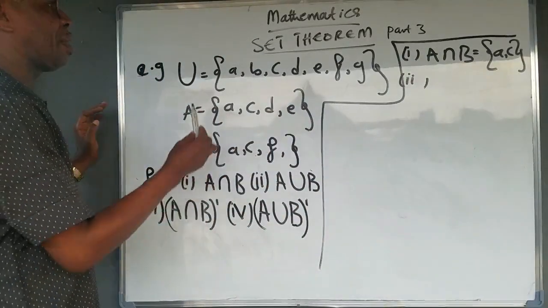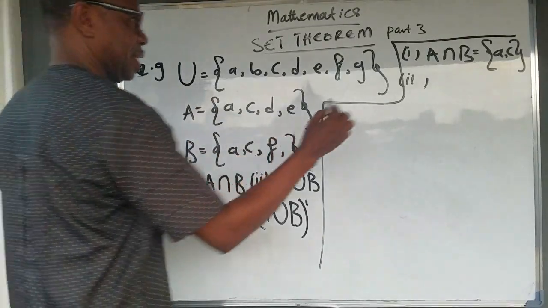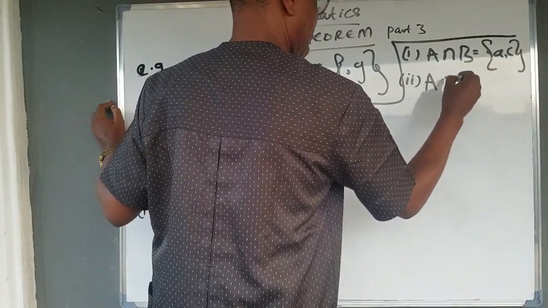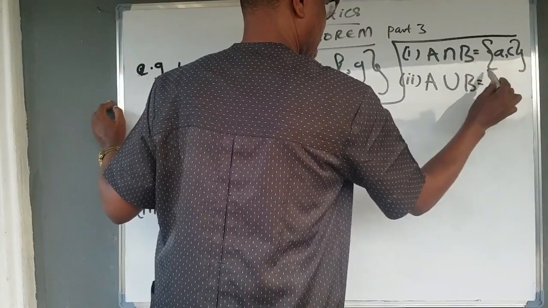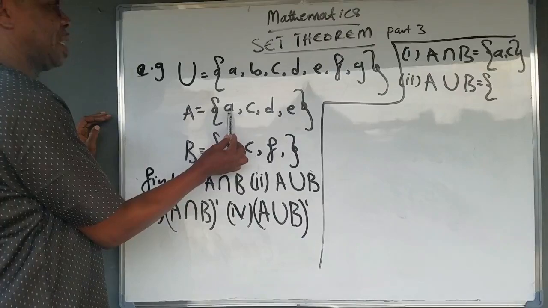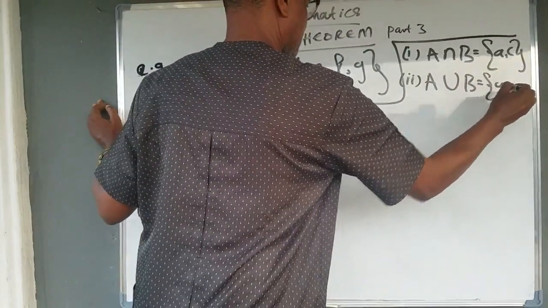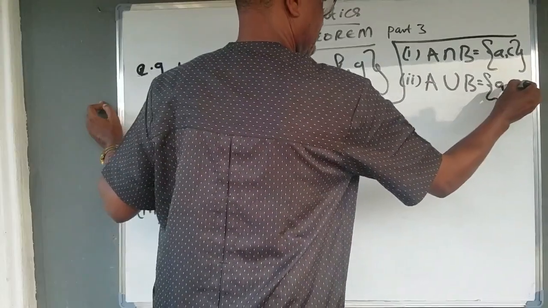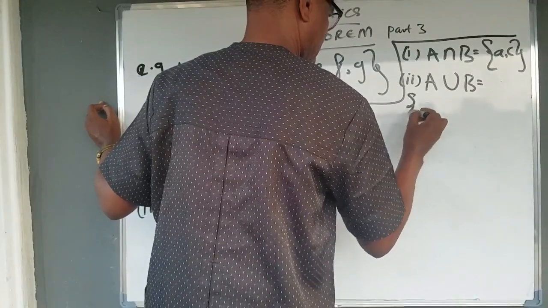A union B are all the elements that are in A or in B. So what will it be? Let's check. Remember that you don't repeat any member. A is here, so I will take A. C is here, I will take C. Okay, let me create the space here so I can enter very well.